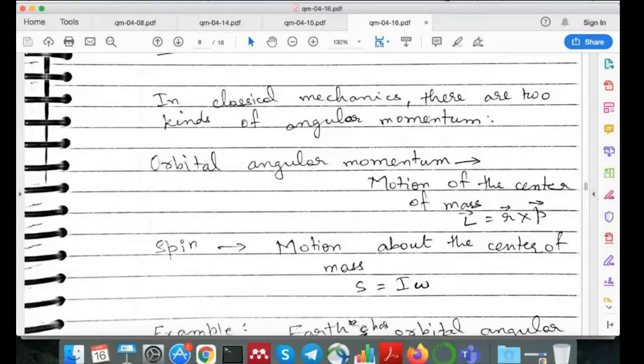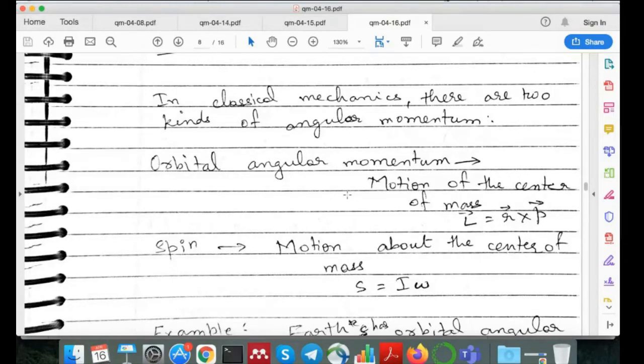Orbital angular momentum we have already seen, which is the Lz, L and L squared operators. But spin angular momentum, even though it is analogous, represents something slightly different. In the classical sense, it means the object is moving around its own axis.